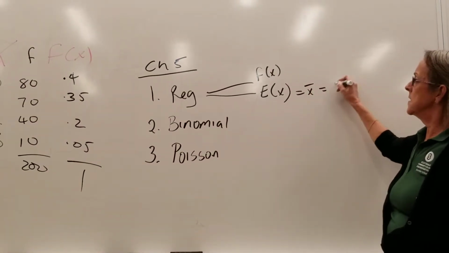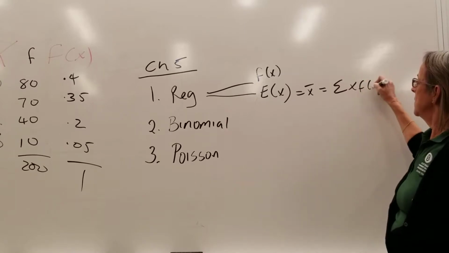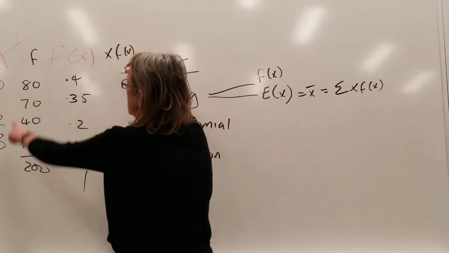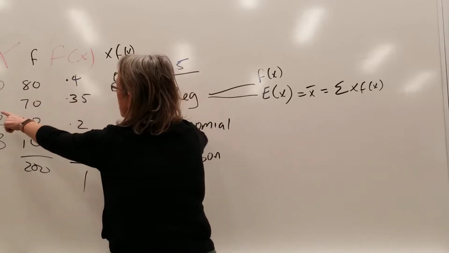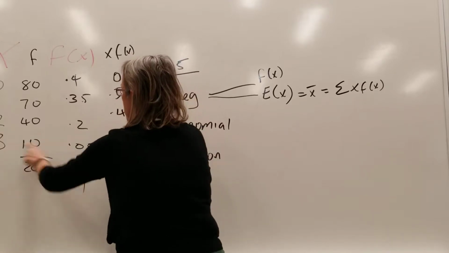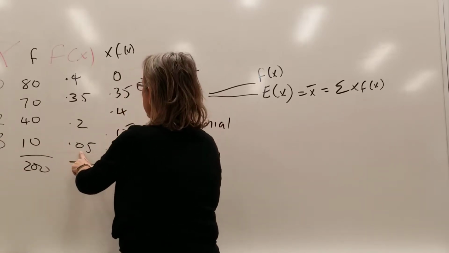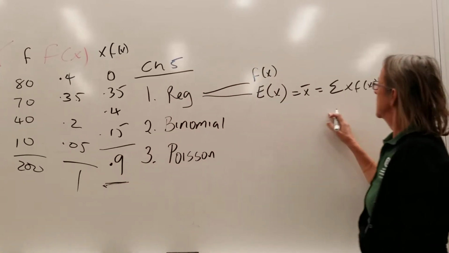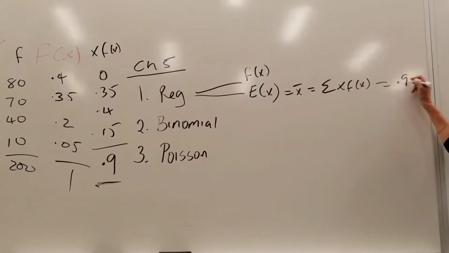And that is the sum of x times f of x. So in this case we'd have done 0 times 0.4, 1 times 0.35, 2 times 0.2, 3 times 0.05, and the expected value is 0.9.